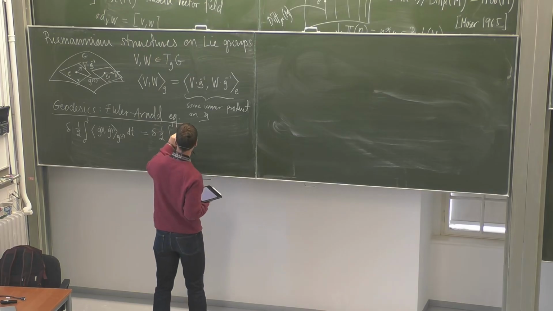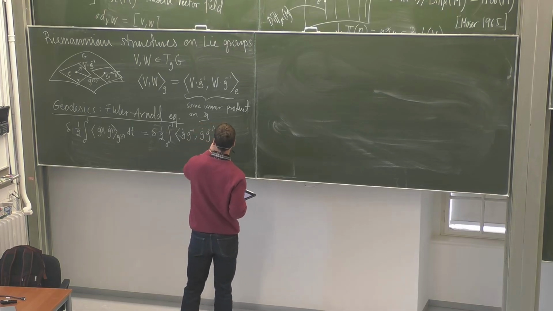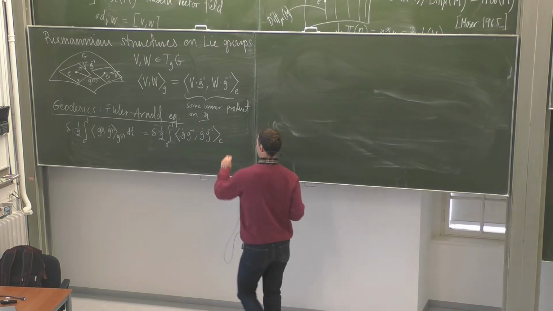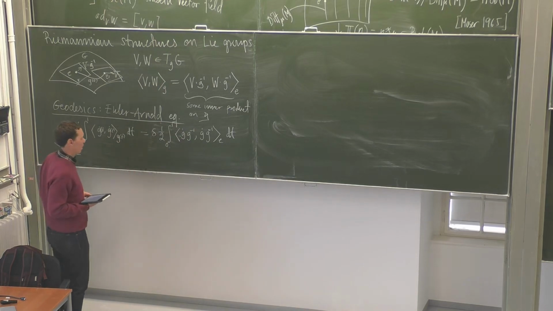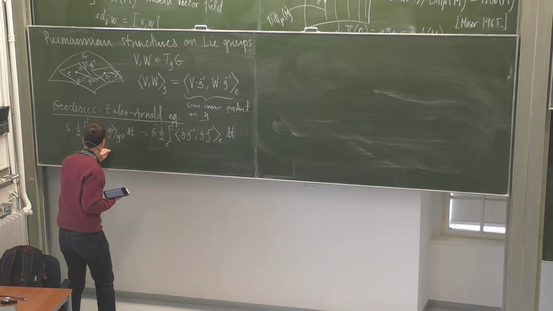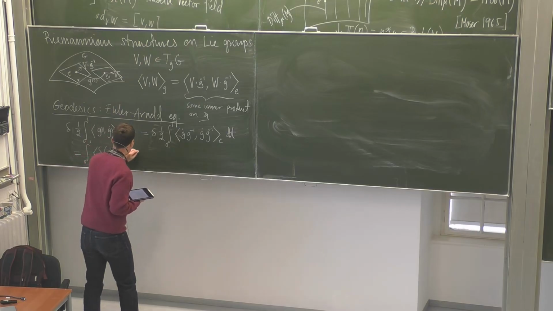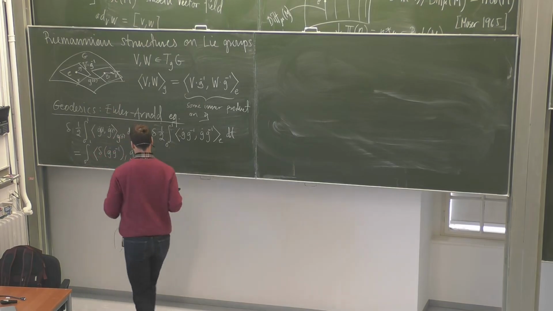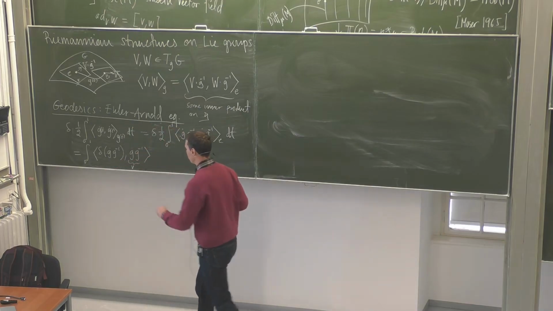And then I get g dot g inverse, g dot g inverse, dt. Now I take the variation. I get the integral from 0 to 1 of the metric, where I can take just the variation of g dot g inverse, and here I have g dot g inverse. Let's call this v, dt.